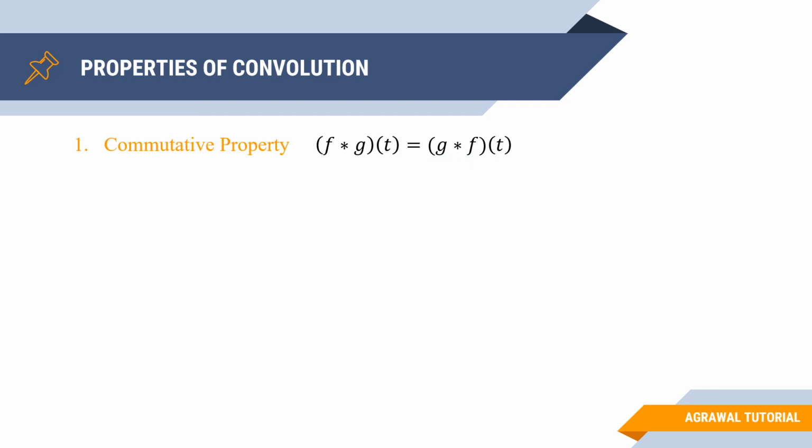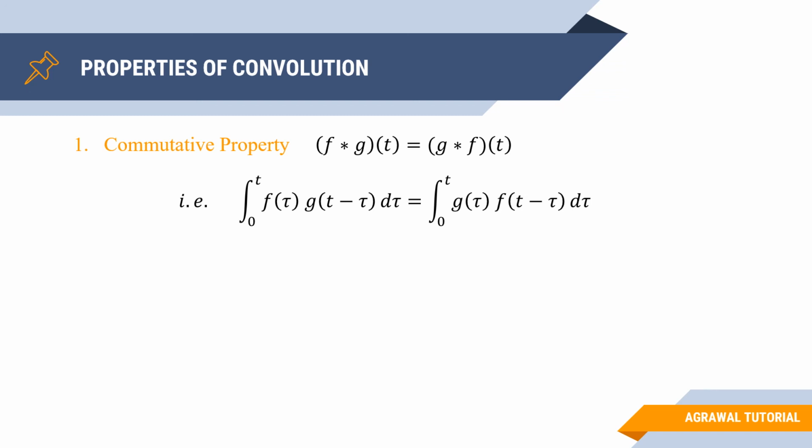That is, integration 0 to t f of tau into g of t minus tau d tau is equal to integration 0 to t g of tau into f of t minus tau d tau. This means that we can take any of the given functions as first one and convolve it with the other one. We will get the same result.